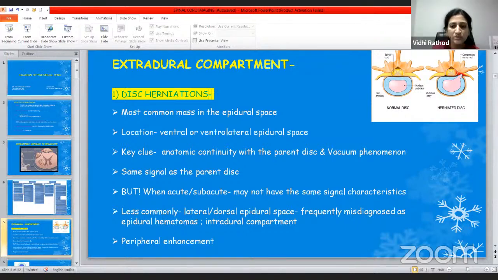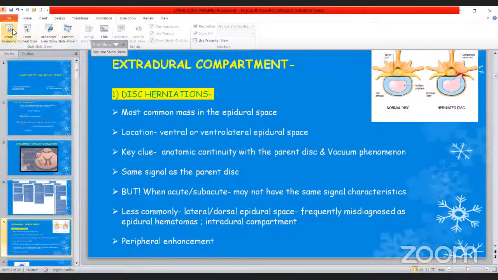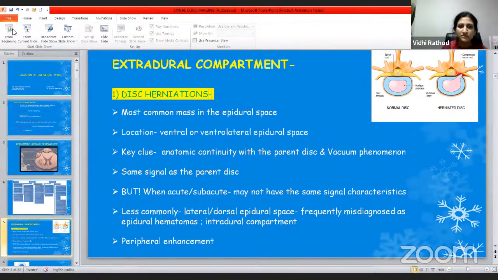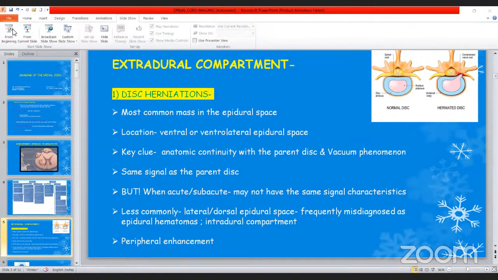I'm moving the slides, but I think they are not visible to you. Click on slide 4 on the left.